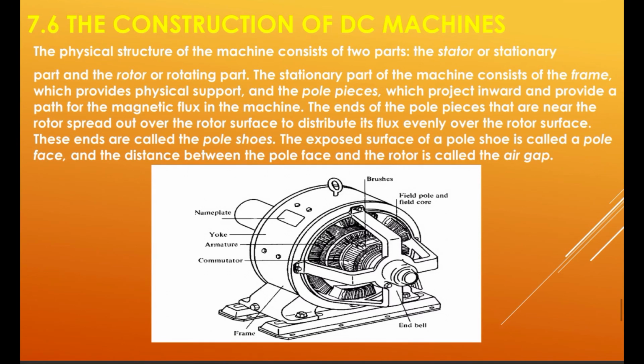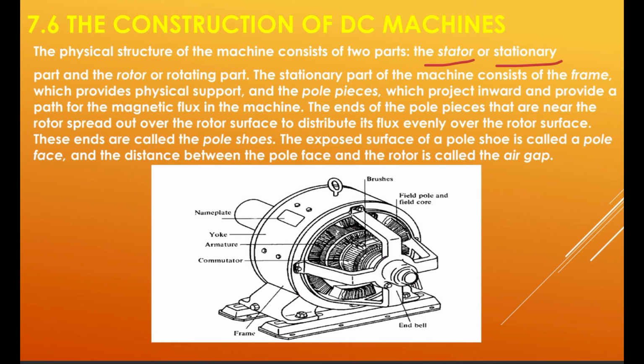Section 7.6, the construction of DC machines. The physical structure of the machine consists of 2 parts: the stator, or stationary part, and the rotor, or rotating part.